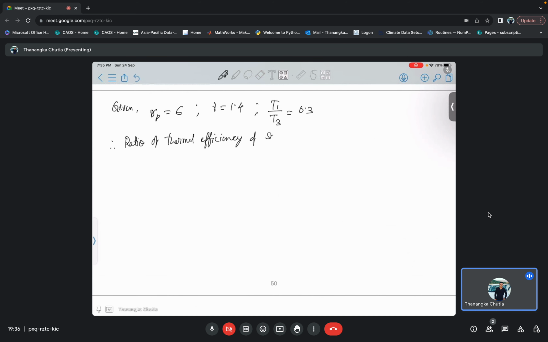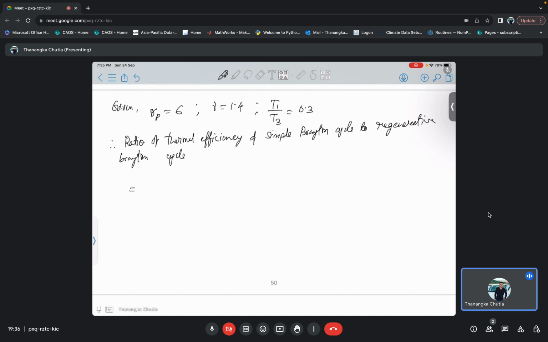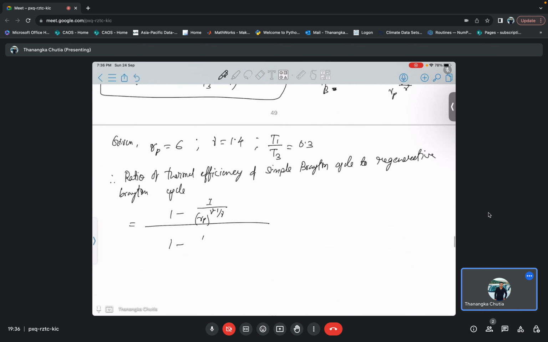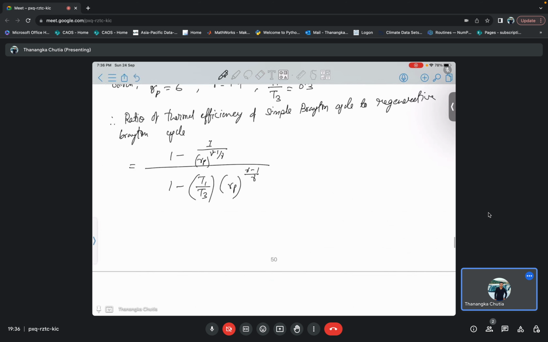of simple Brayton cycle to regenerative Brayton cycle is equal to what? 1 minus 1 by Rp to the power (gamma minus 1) by gamma, and for regenerative it is 1 minus (T1 by T3) into Rp to the power (gamma minus 1) divided by gamma.